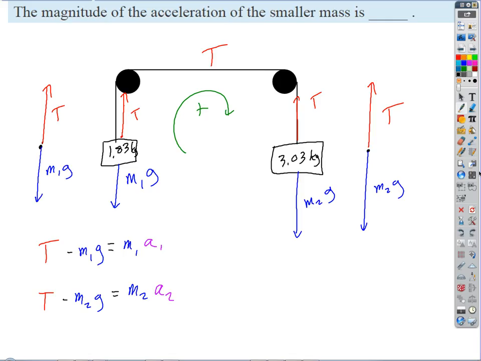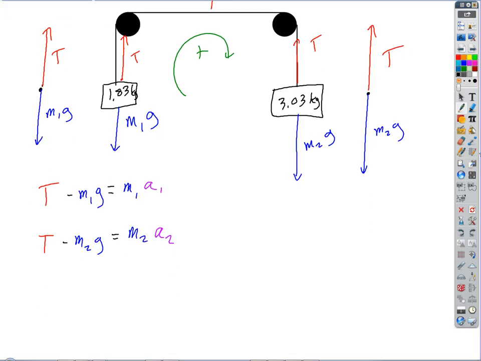How? Because this is the positive direction, clockwise. Which one of these two forces should be positive? T? No. M2G, because this is starting here and moving around like that, which we're saying is positive. M2G minus T. Okay?